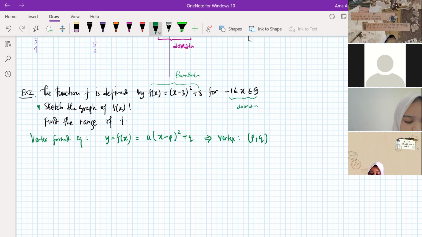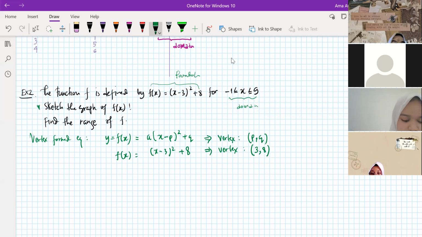So if my question is (x minus 3) squared plus 8, what is my vertex? (3, 8). Yes, very good, Nafifa. 3 comma 8.